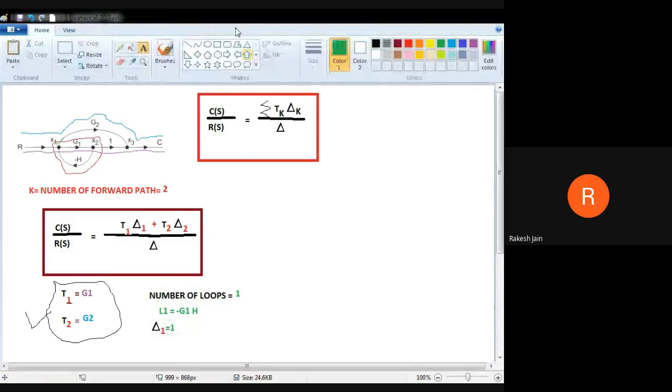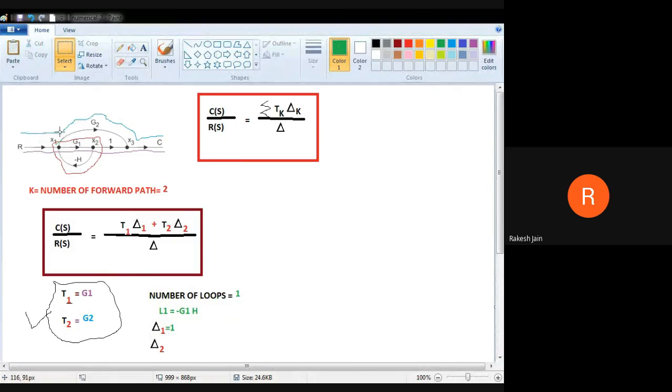Okay, similarly, as I have already discussed, for del 2 check whether this loop touches the second forward path or not. So see, only one loop is there, minus G1H. The second forward path also includes the x1 node.